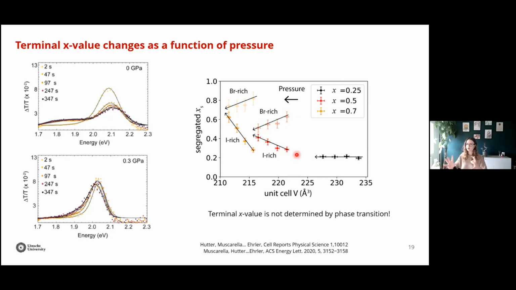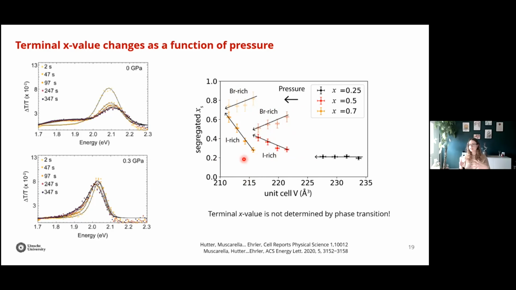But then when you start to compress, when you have your unit cell volume smaller, the bromide percentage in the two bromide-rich and iodide-rich domains becomes very close to the initial mixing ratio, which in this case is 50%. And that's the case also for the 70%.